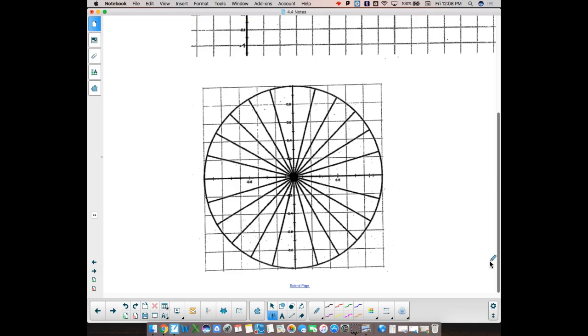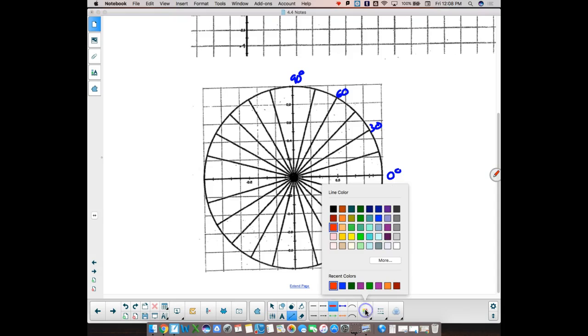Okay. So if I've got 30 and 60 and 90 and 0, my distance off of the vertical axes is this one. That's the one I want. This is the one I want.